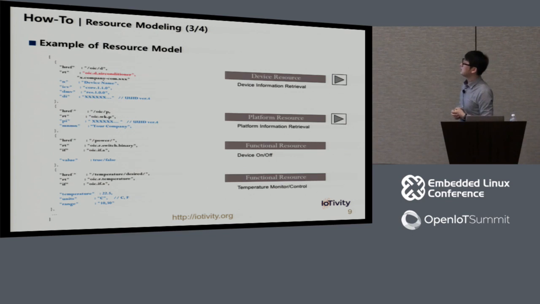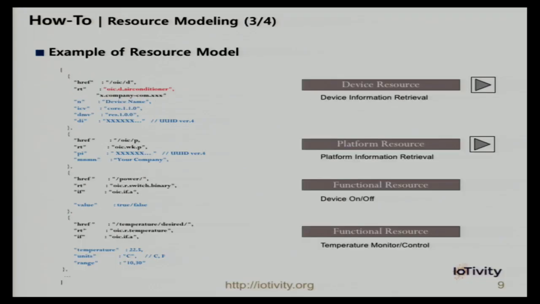This is an example of a resource model in a JSON-like format. The first one has, I'm sorry, the keyword is wrong. /oic/d represents the device. This is a well-known URI already defined by the OIC. So with this resource, you can discover a device with a specific device type.